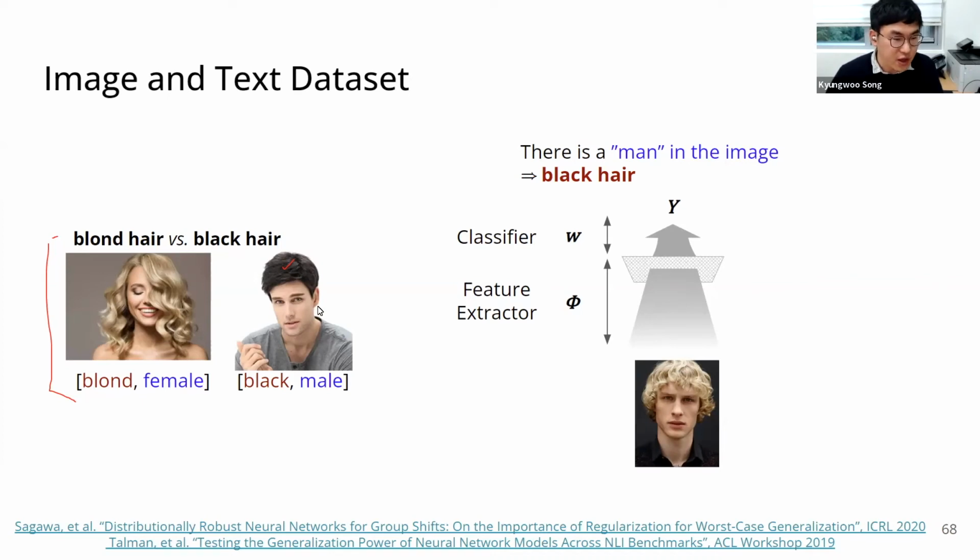Similar to the first example, the machine will determine the right test image as black hair because the image is of a male. In short, the machine does not learn invariant features, but learns undesirable features such as gender.